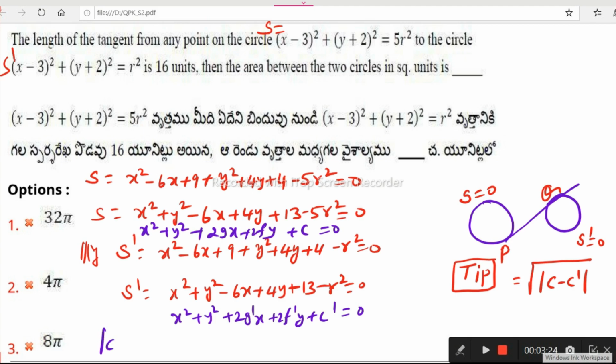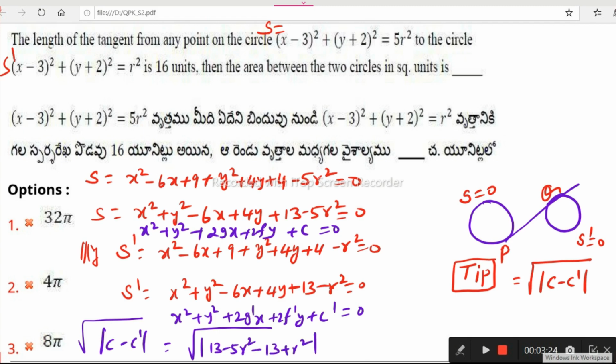Mod c minus c dash is given as under root, okay, is what? c is here 13 minus, under root mod 13 minus 5r square, this is c. c dash is 13 minus r square. It minus కాబట్టి minus 13 plus r square అవుతుంది under modulus.